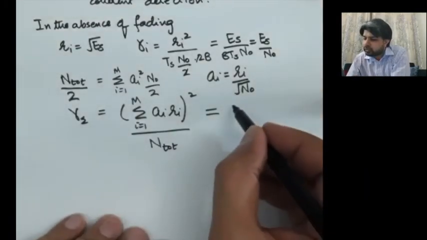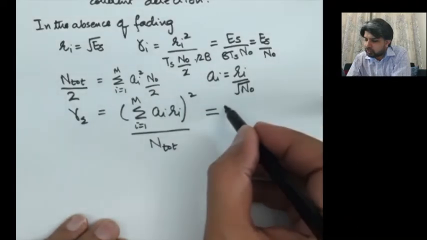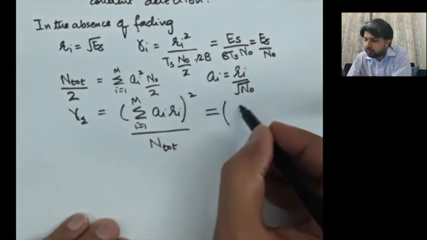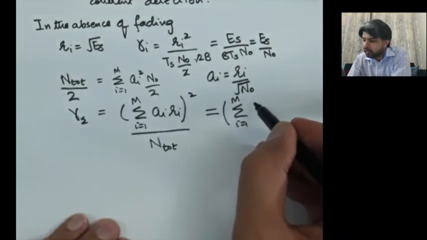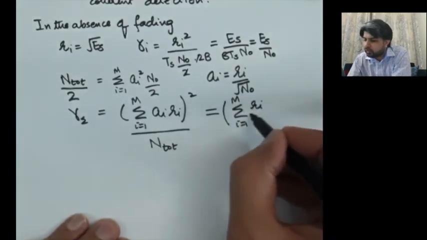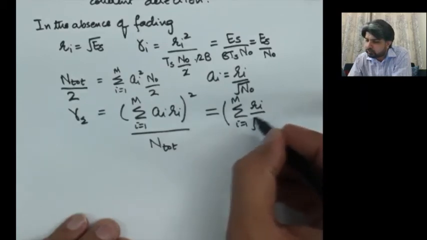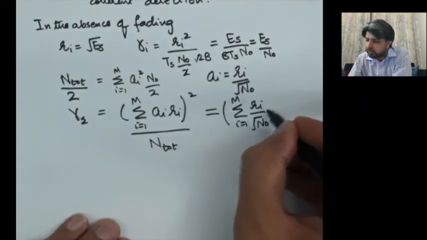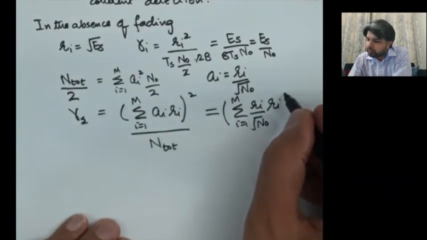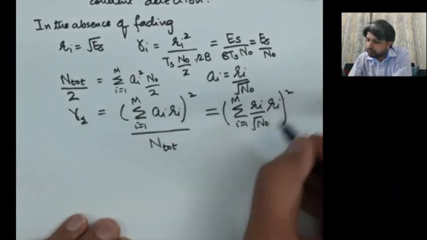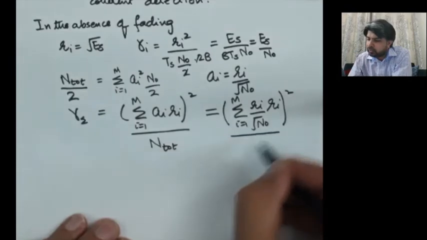So this would mean that your gamma sigma is equal to the summation i equals 1 to capital M of R_i over root N0 times R_i, whole squared, divided by N total.